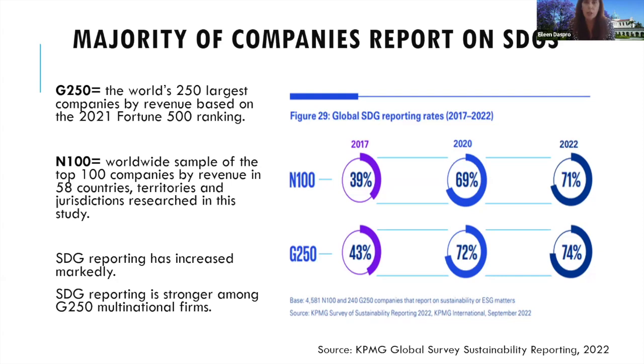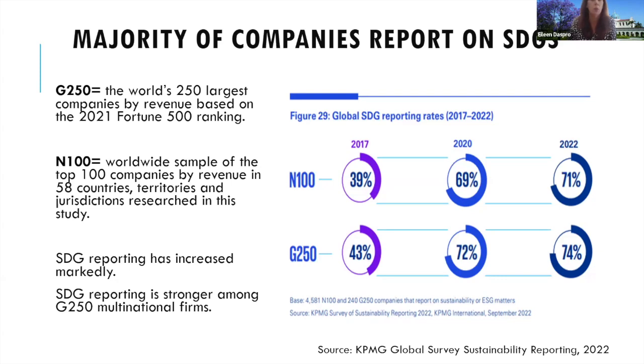Now the N100, right, which are companies headquartered in their domestic markets, the progress was not as significant, but still quite significant in terms of the amount of companies that are reporting.